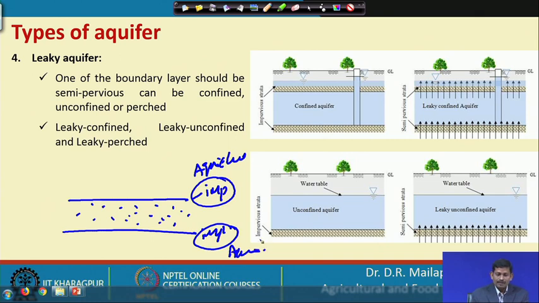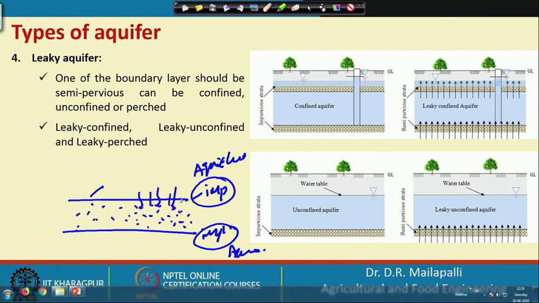Okay. Or it could be an aquifuge, right, aquifuge or aquiclude. Okay. So, sometimes you have aquitards, right. So, aquitards are kind of semi-pervious. Okay. So, in that case what happens? So, if there is a leakage, simply there is a leakage.